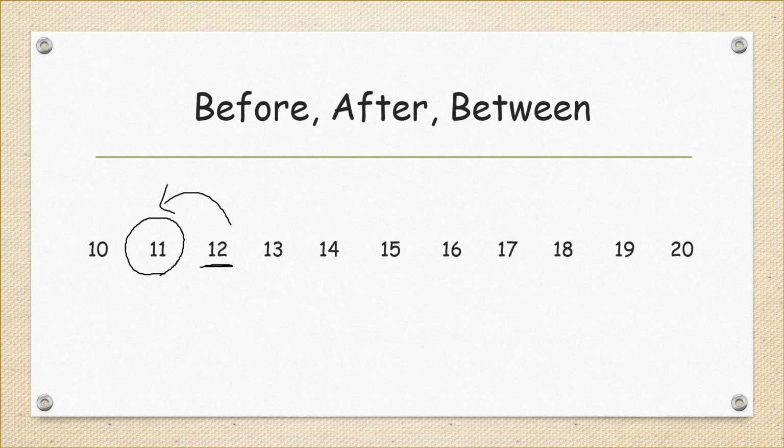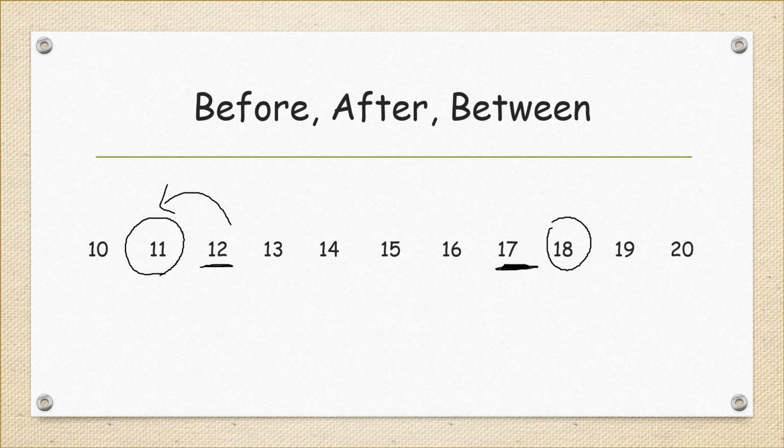And if I ask what is the number before 18, we see the number that comes first to 18, that comes before 18, which means we start counting backward. If we start counting backward from 18, then what comes first to 18? 17.